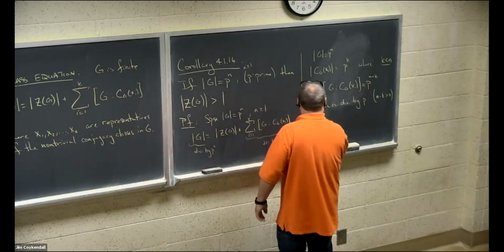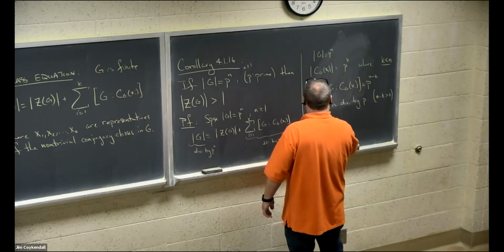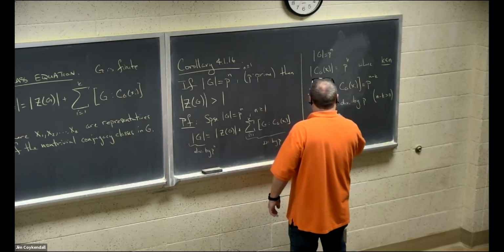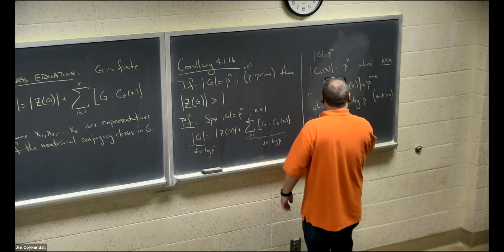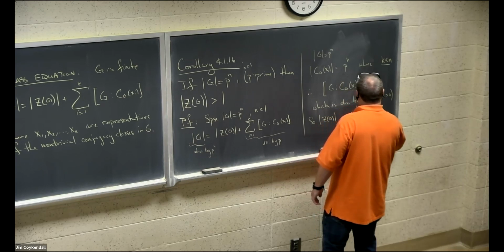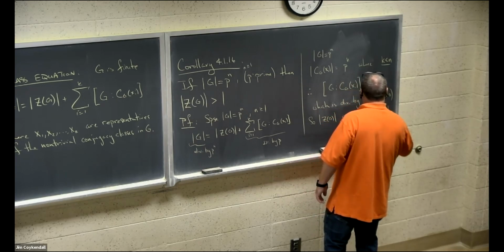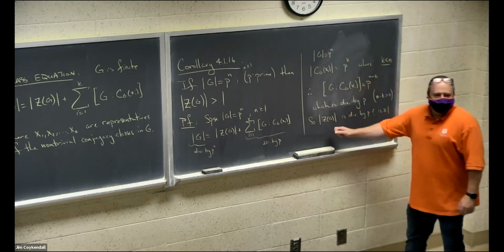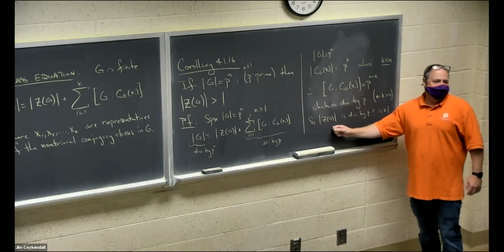Therefore, the order of the center of G is divisible by P and is greater than or equal to 1. So the order of the center can't be 0, right?